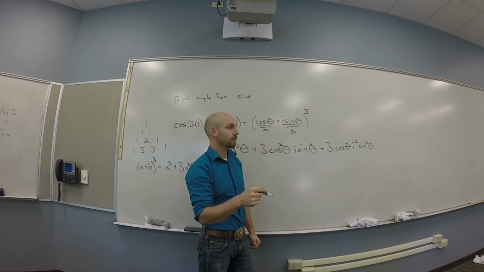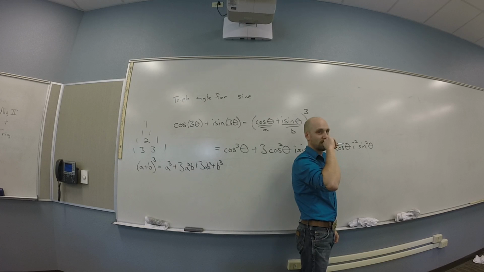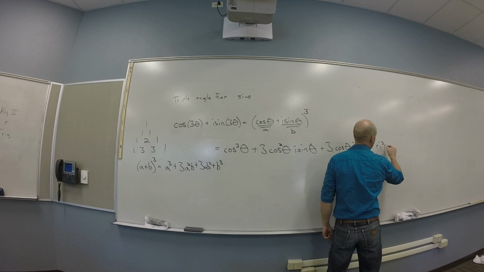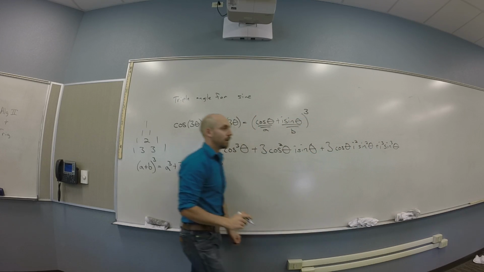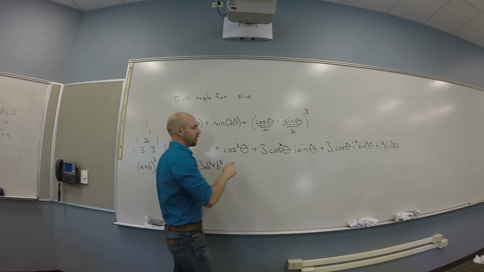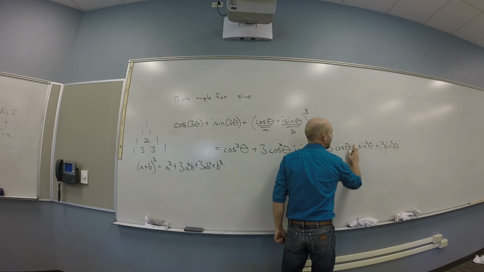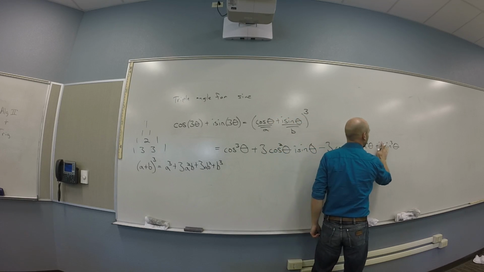You guys see that? And then what's my last thing? i cubed sine cubed theta. i cubed is negative i. And then you need to go through and swap your i's. So your i squared, you can drop that and flip the sign. And your i cubed, you can drop 2 of them and flip the sign.